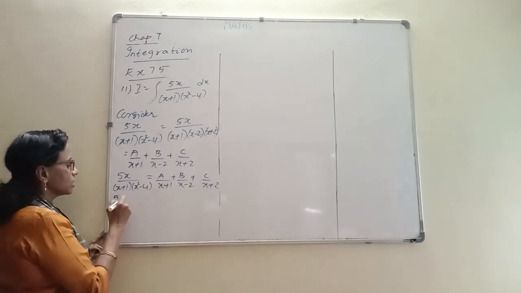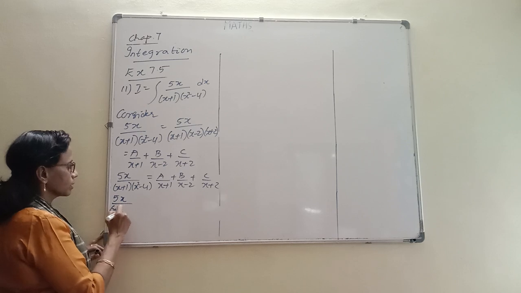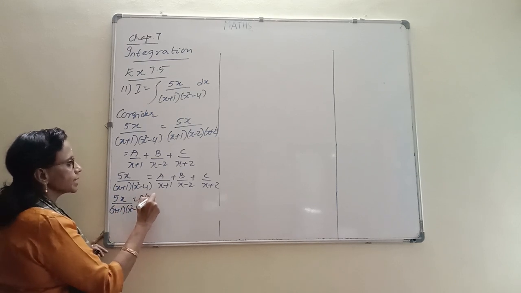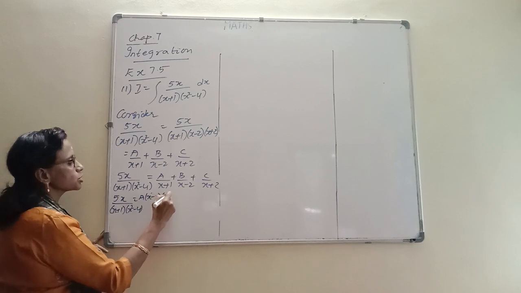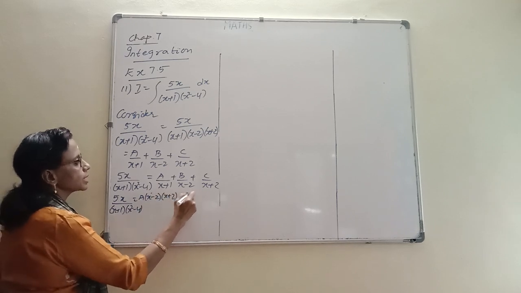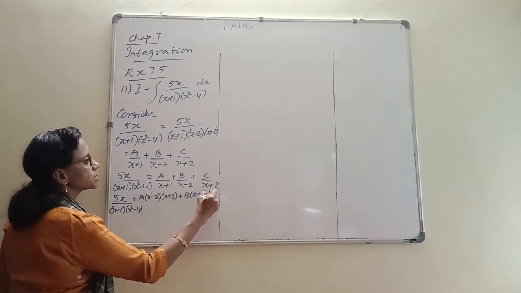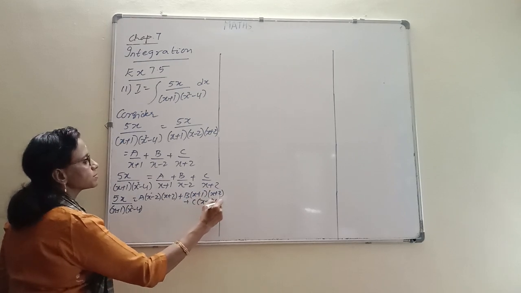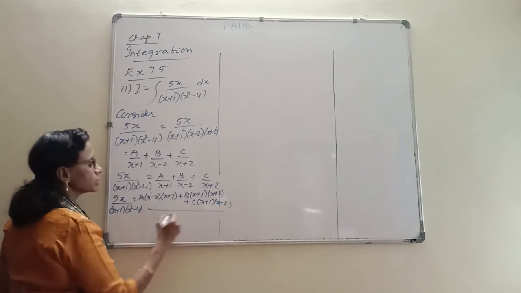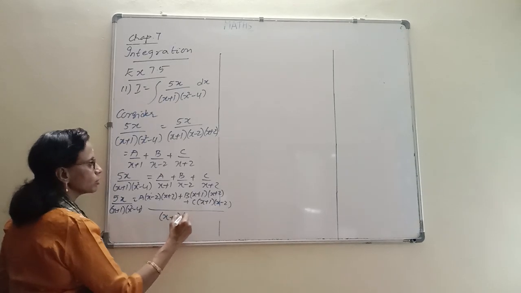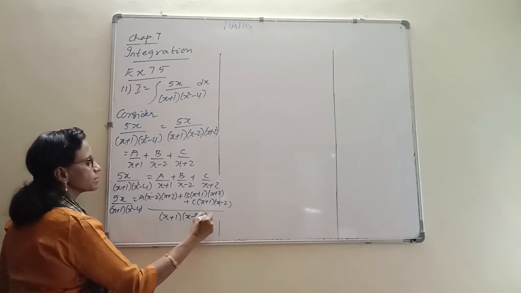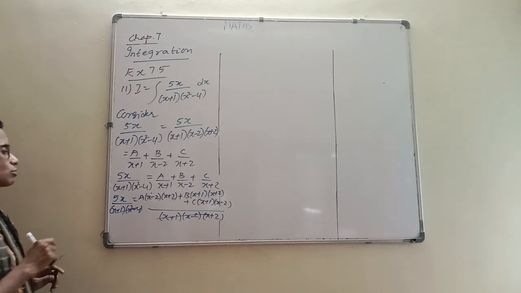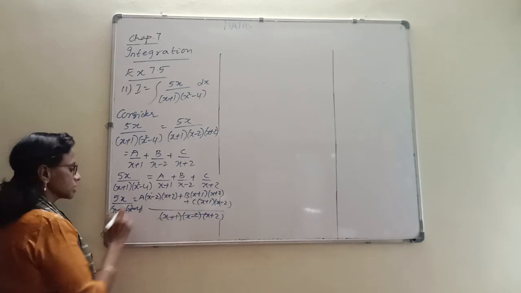So therefore the numerator becomes A times x minus 2 times x plus 2, B times x plus 1 times x plus 2, and C times x plus 1 times x minus 2. All of them have the same denominator, x plus 1 times x minus 2 times x plus 2, which can cancel from both sides. So you're left with just that.